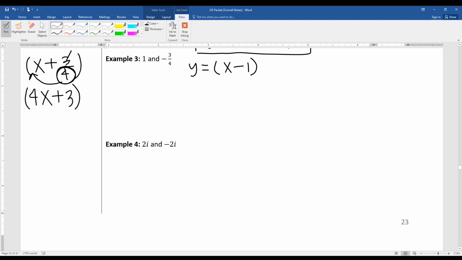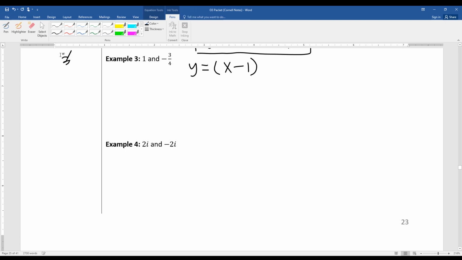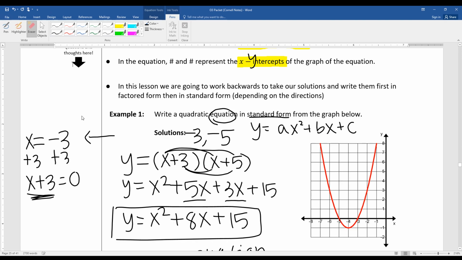I personally like to always use this shortcut. We kind of saw it when we were factoring, that denominator going in front of the x. If that was confusing to you, you can do a little bit of side work here.